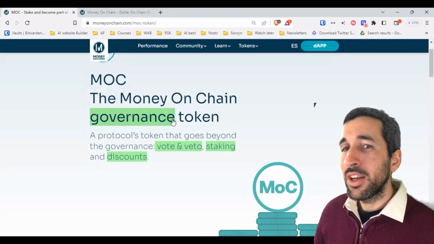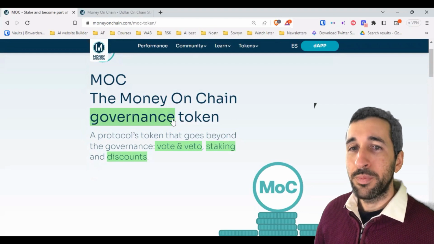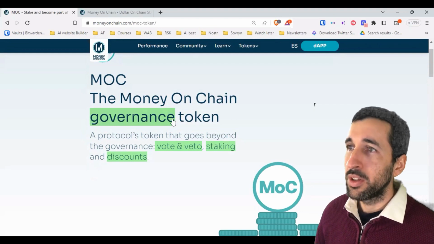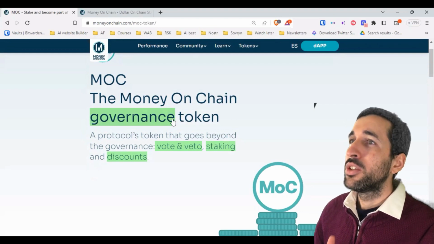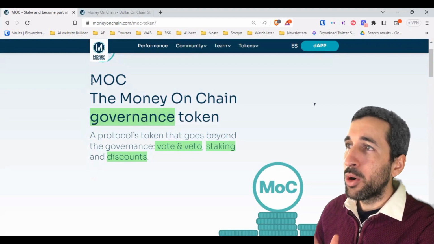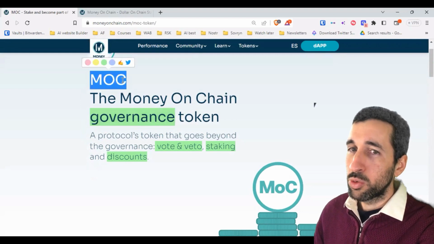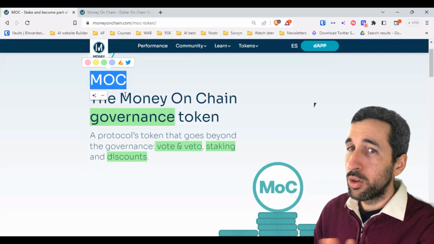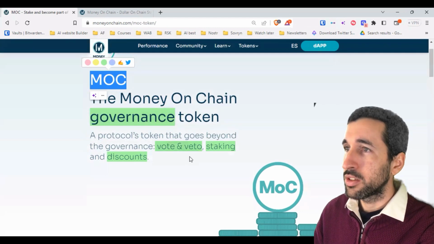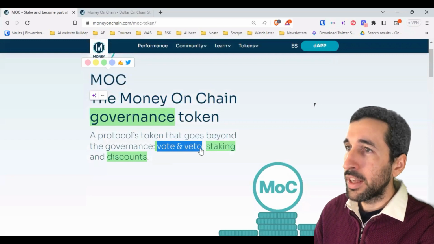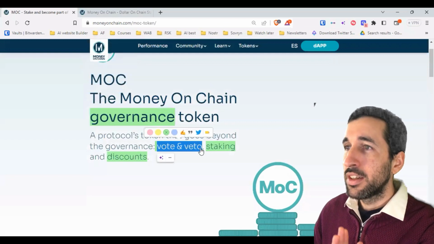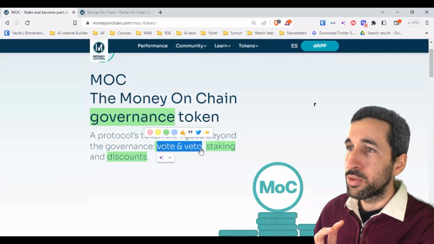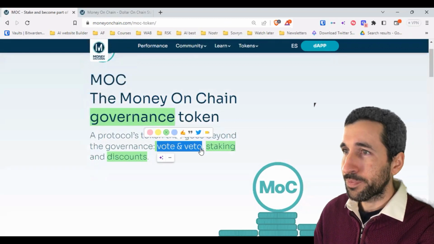So anyone in the world can propose a change to the protocol, but then it's up to the MoC holders to vote either yes or no to the changes. That's why here we see it says vote and veto. So we get the decision power to determine where we want the protocol to go.